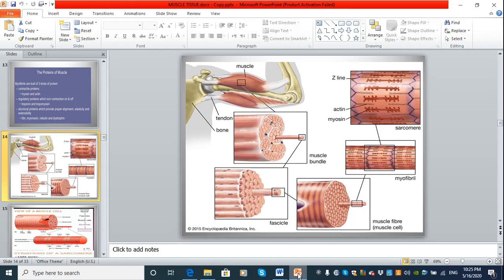Let me give you a definition of sarcomere. A sarcomere is a repeating unit of striated tissue, between two Z lines. You will see this coming soon.